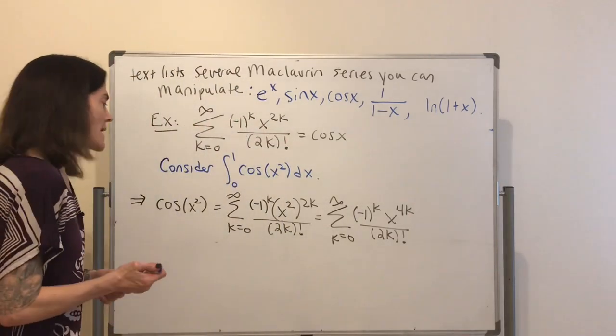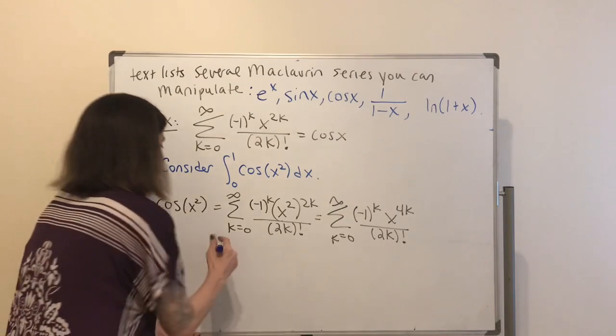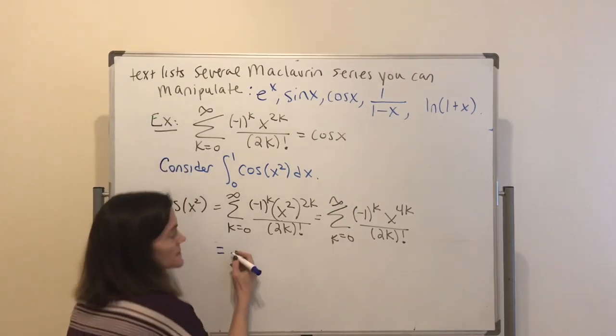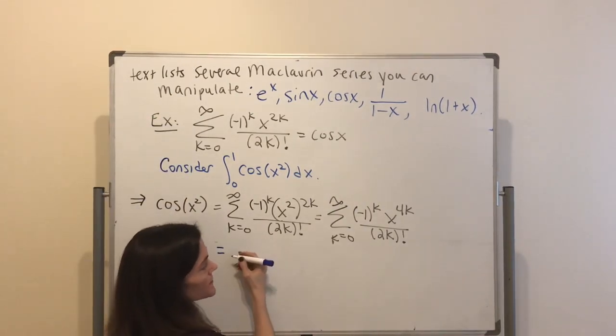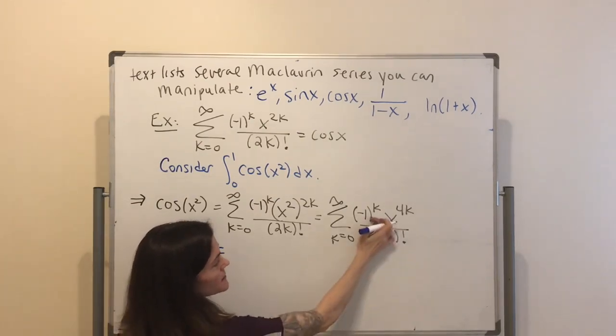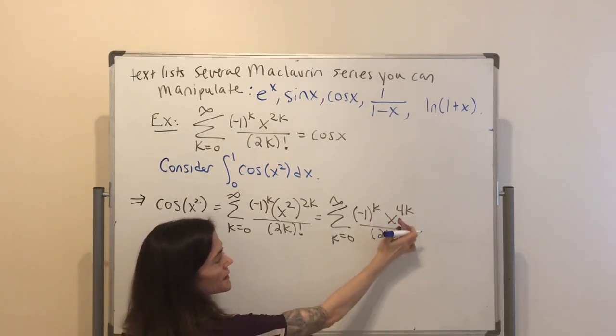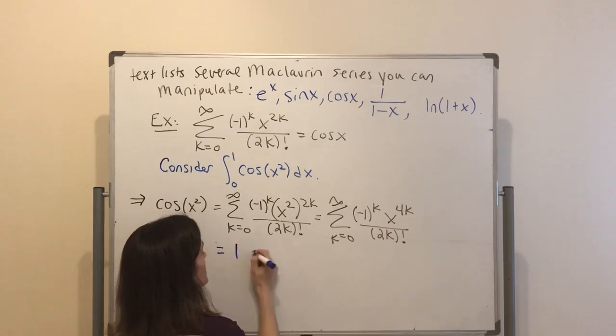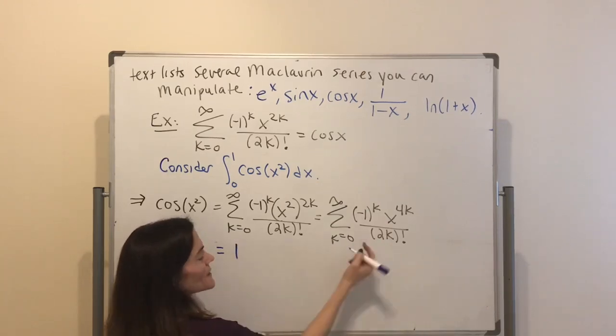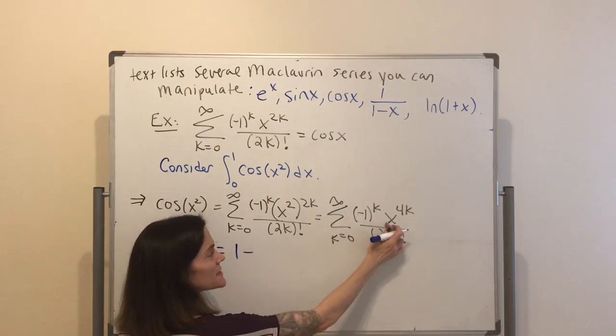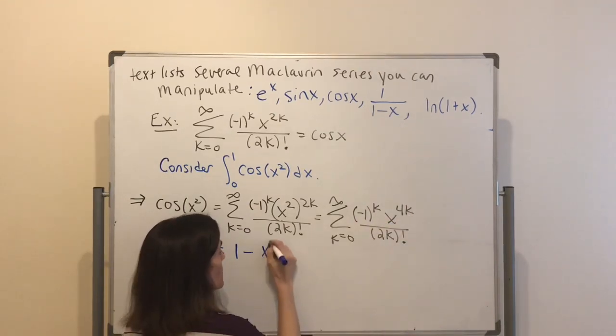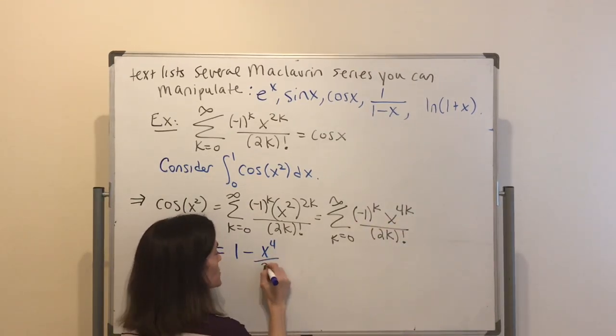Now let's just write out some terms here. When k equals 0, this is a 1, this is x to the 0. Not too bad. When k equals 1, I have a negative x to the 4th over 2 factorial.